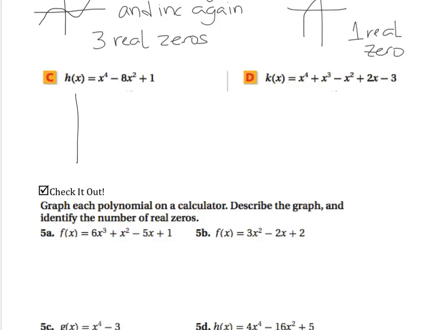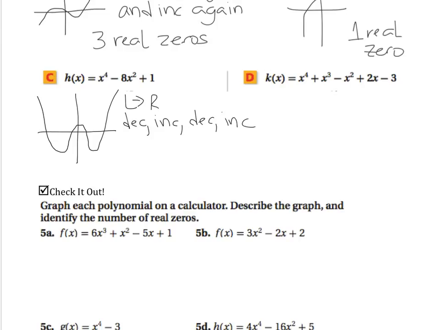C, if you would put that in the graph in Desmos, it's going to look like a W. It comes down, goes up, comes down, and up, something like that. From left to right, it decreases, increases, decreases, then increases. It crosses the x-axis 4 times.